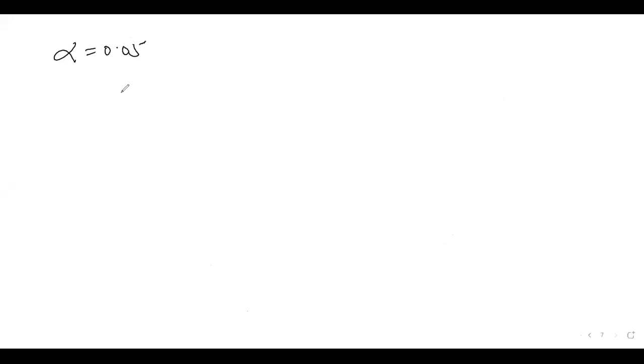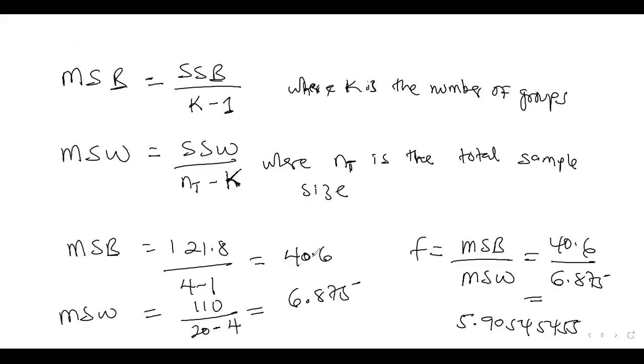Remember, for the F statistic, we need the degree of freedom of the numerator and the degree of freedom of the denominator. Here, the numerator is the mean squared between, and its degree of freedom is k minus 1.